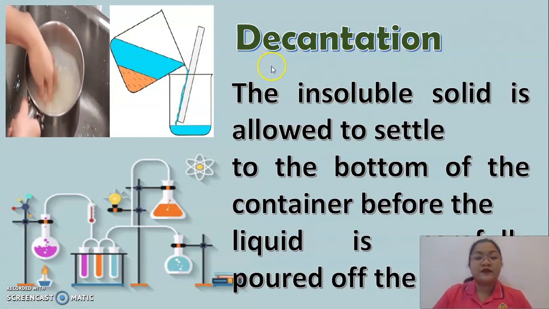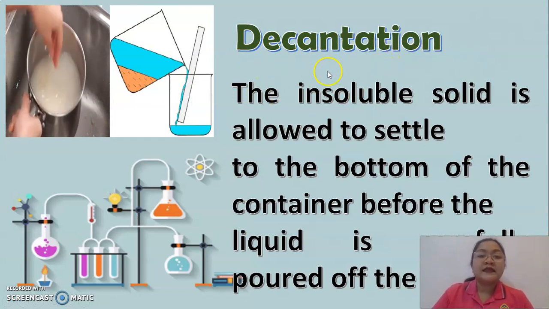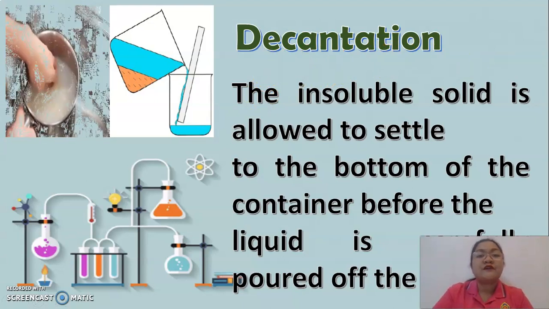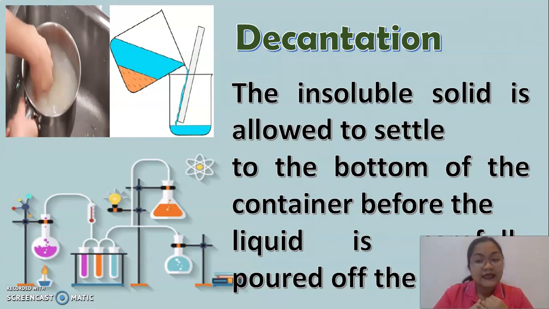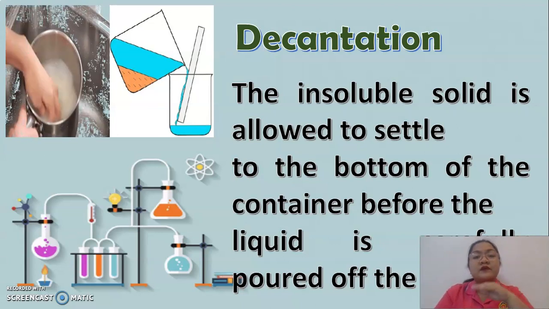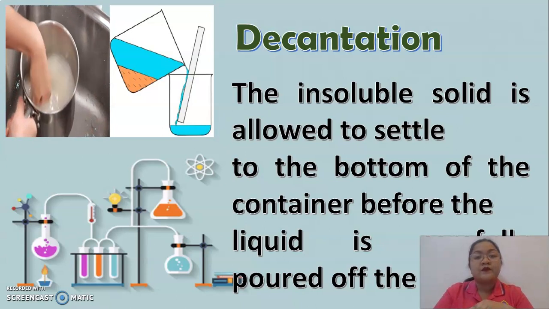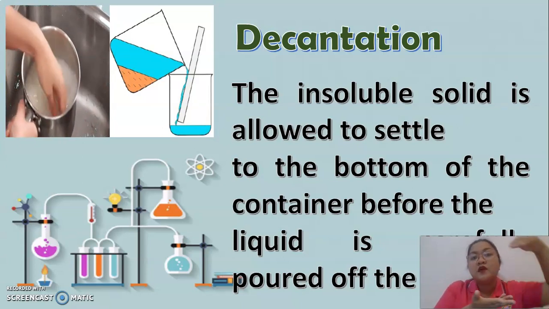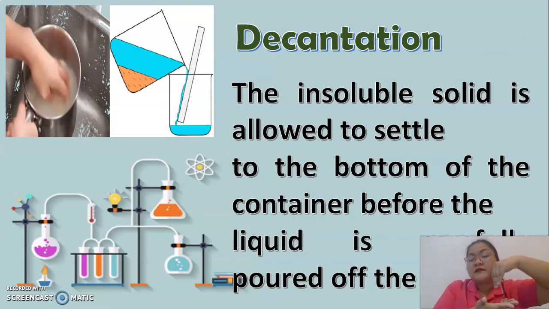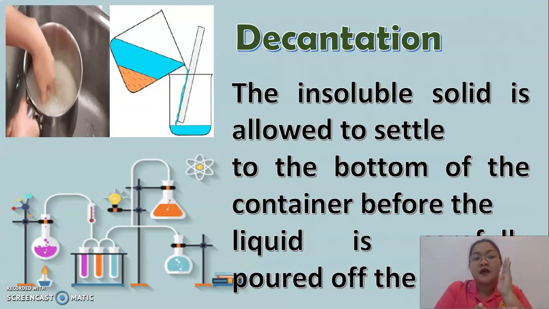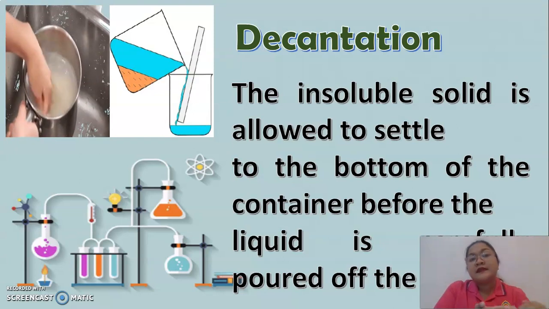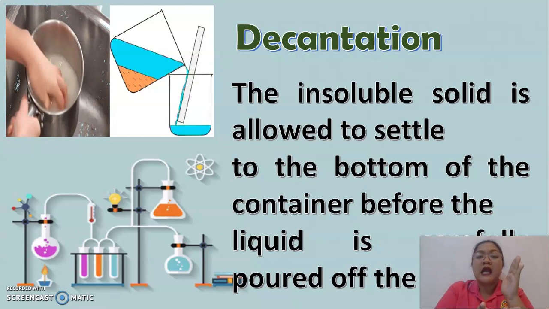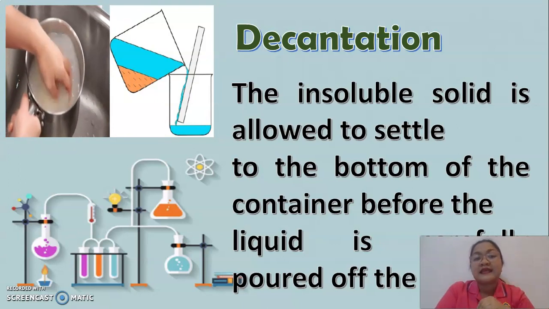When we say decantation, this technique is the separation of solid and liquid. For example, you're going to wash rice. In decantation, the solid goes down and the liquid stays at the top, just like rice and water.